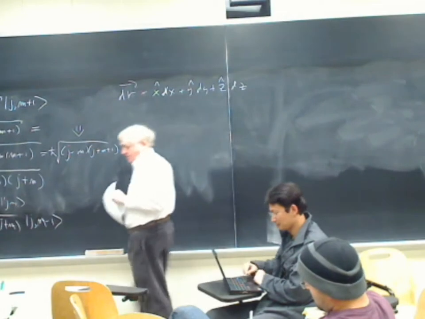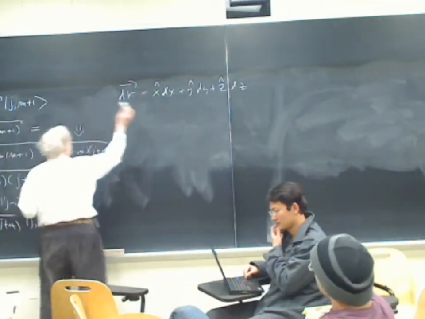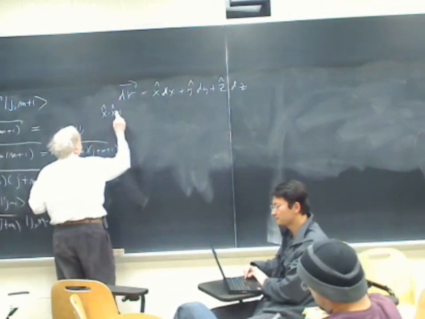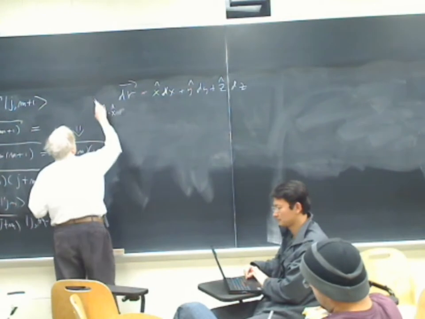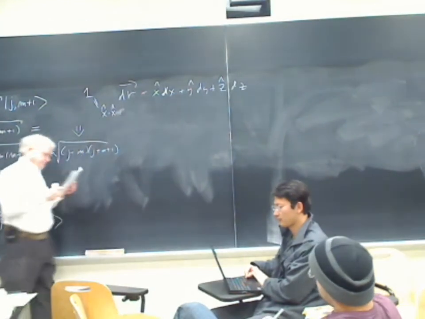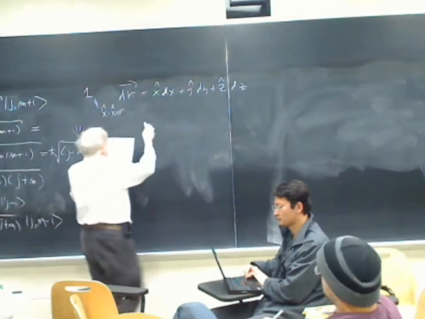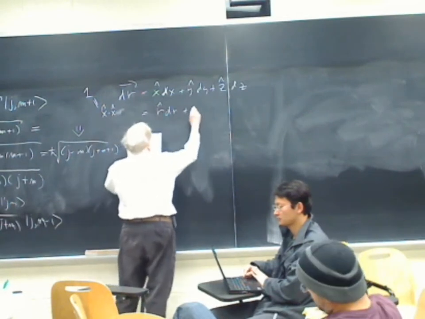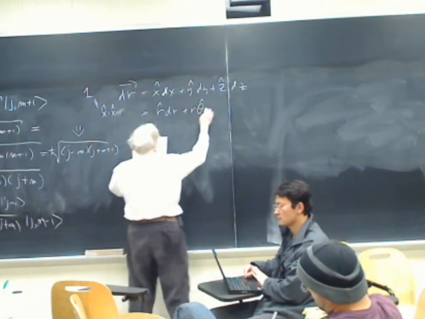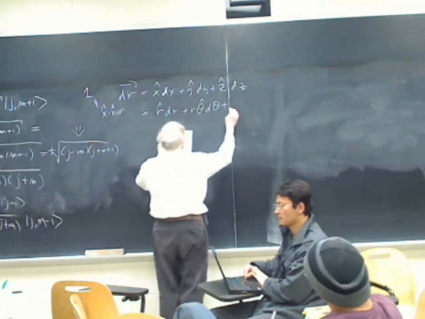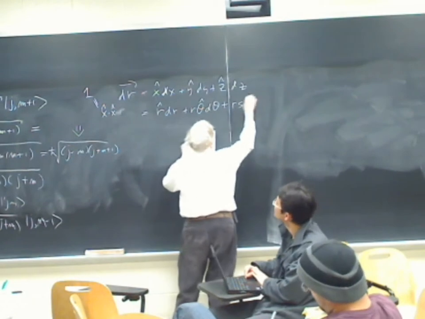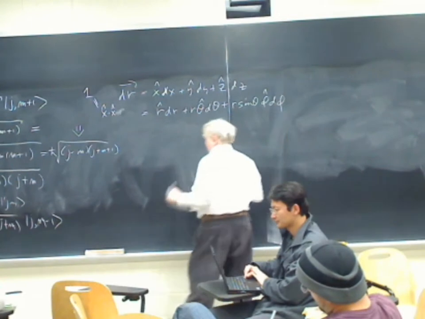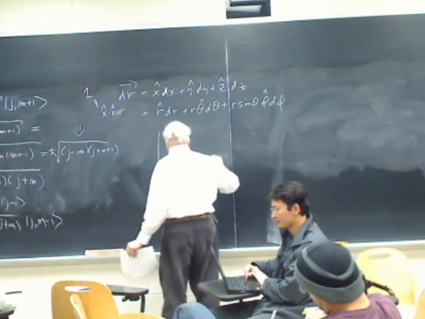Hat means unit vector, so this just means x hat times x hat is equal to 1. This we can also write as r hat dr plus r theta hat d theta plus r sine theta phi hat d phi. So that's the idea in spherical coordinates.